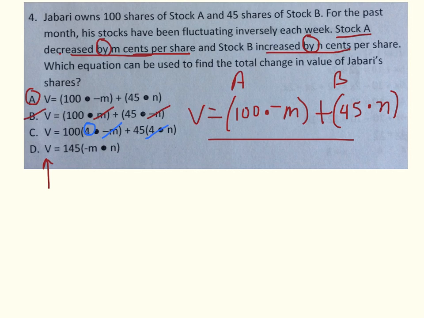Okay, so we can go ahead and eliminate that. And then here, what they did was they added the 100 plus the 45, and then multiplied the decrease times the increase. Well, that is not correct because it shows that the decrease was times the 100 and the increase was times the 45, so therefore D is not the answer either.